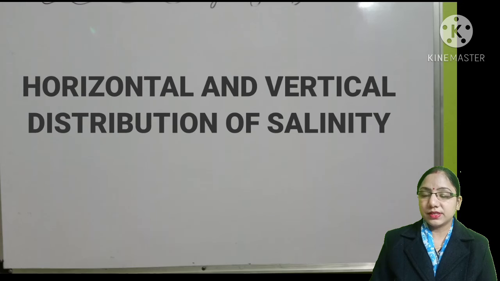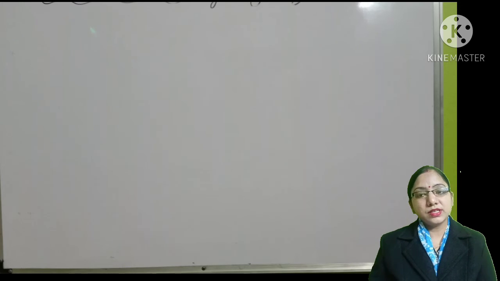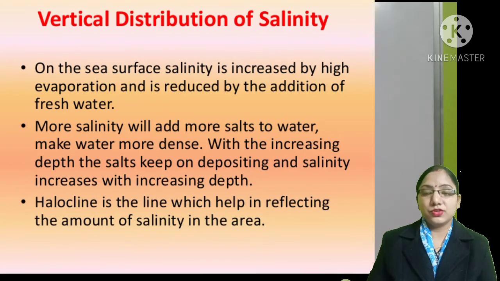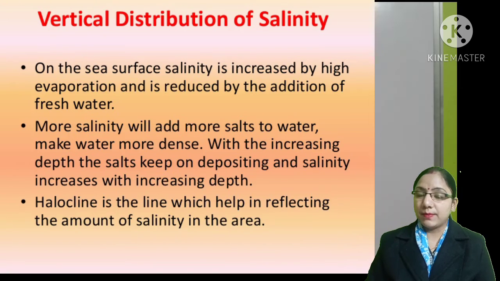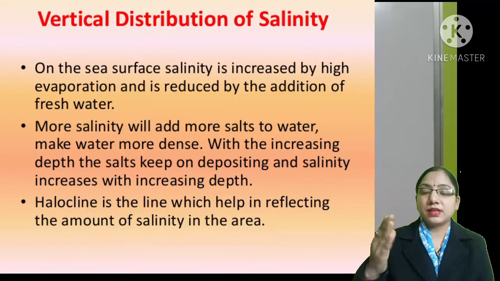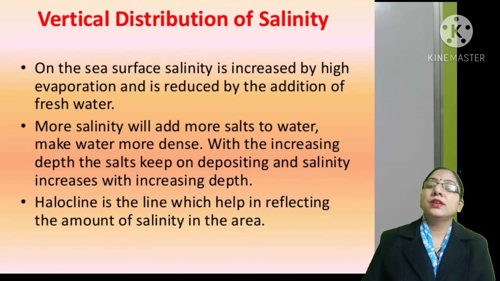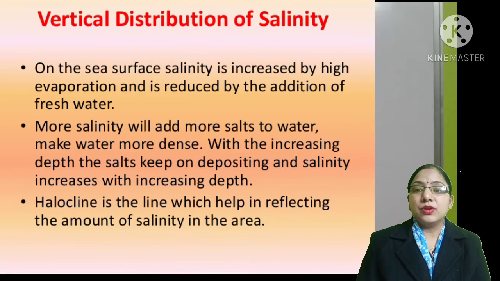Now we will see the vertical and horizontal salinity of the water with the help of a map, through which we will understand what vertical salinity and horizontal salinity are. As we know, water temperature decreases vertically from the surface to the depth of the sea. So the salinity of the surface water is always higher as compared to the depth water.